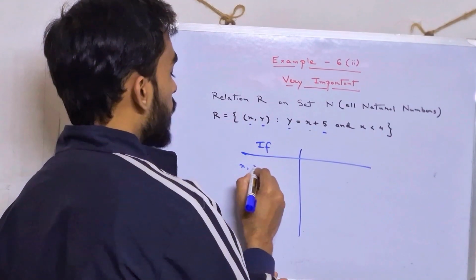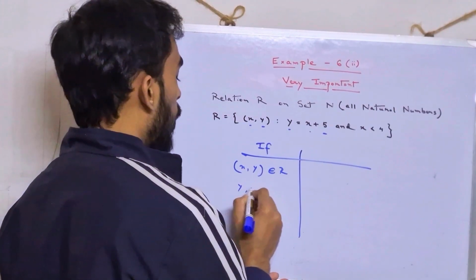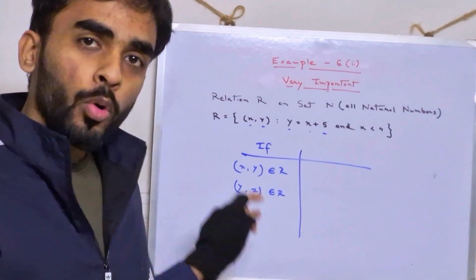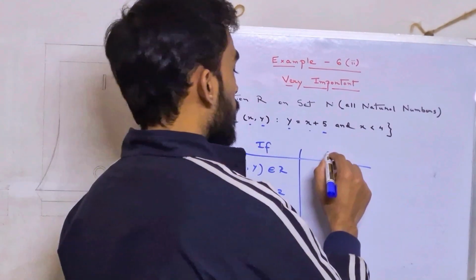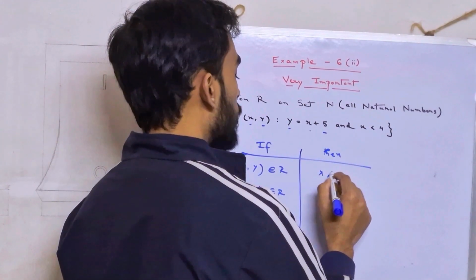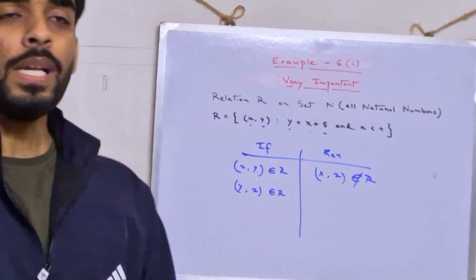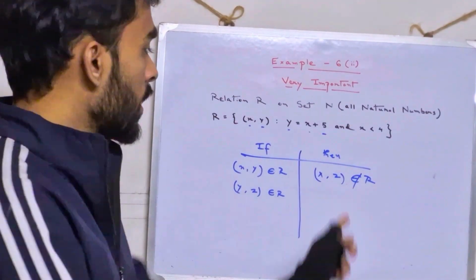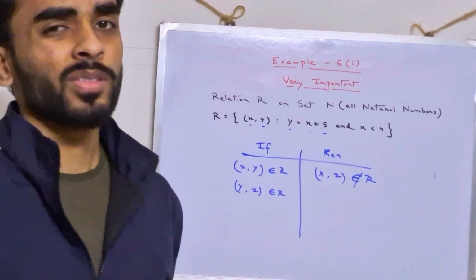If x comma y belongs to the relation and y comma z belongs to the relation, both of these belong to the relation, even then, if x comma z does not belong to the relation, only then we say that look, these two belong to the relation, even after that this does not belong to the relation, therefore this is not transitive.